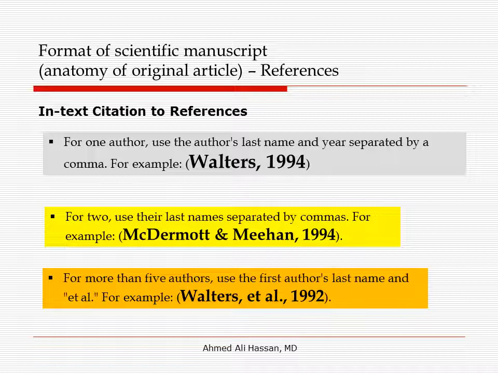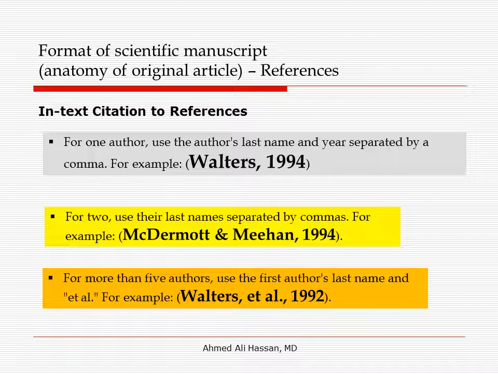Number one, if you cite for one author, use the author's last name and the year separated by a comma. And this is a very simple example, Walters, 1994. This is one author for this article.